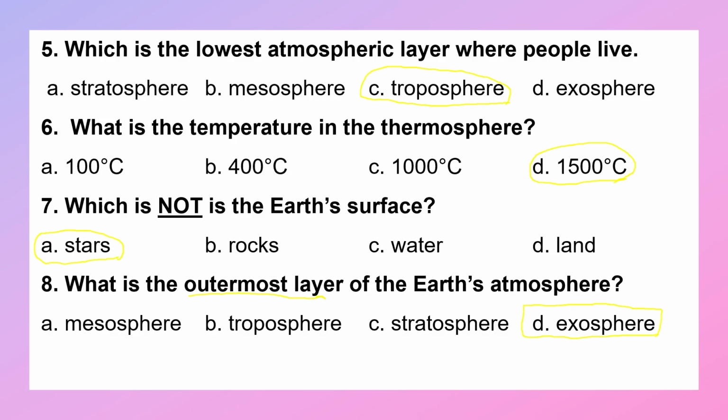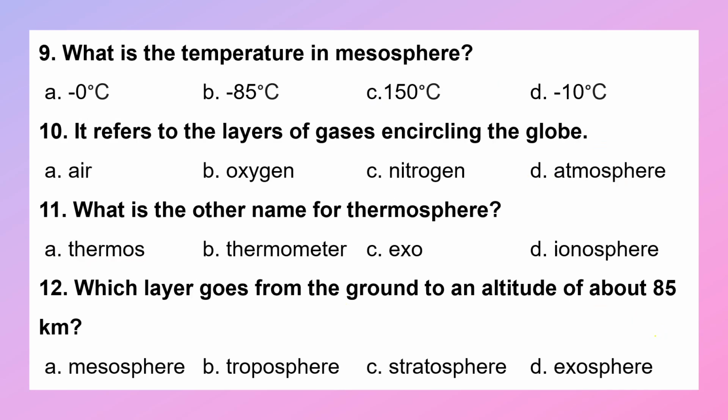Okay, let's move on to number 9. What is the temperature in mesosphere? We all know that mesosphere is the coldest layer of the atmosphere. So it should be negative. So A, negative 0 degrees Celsius.